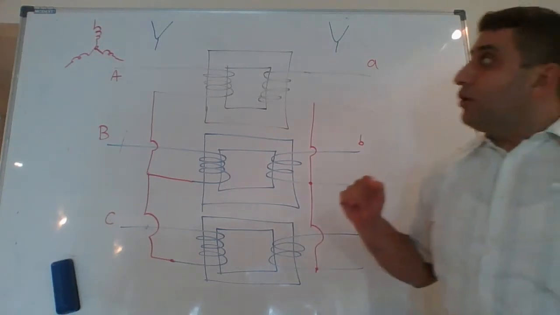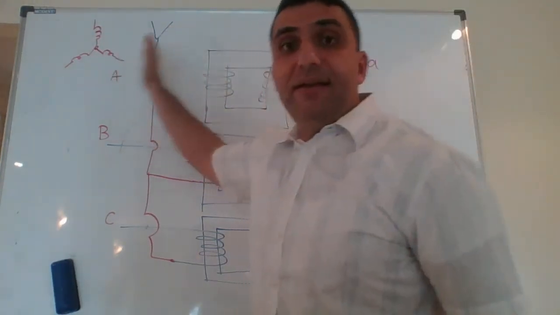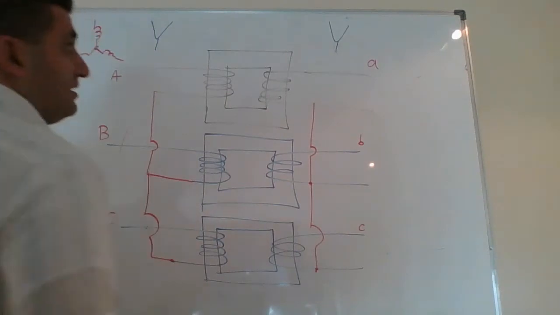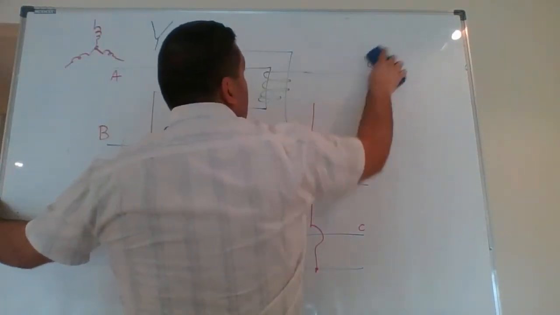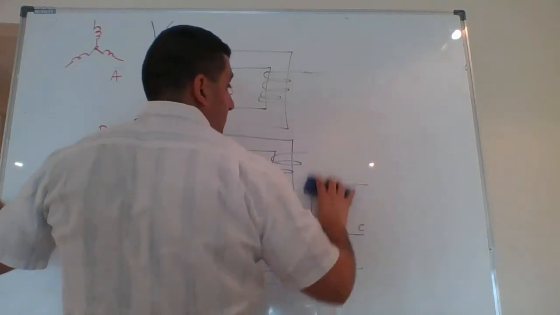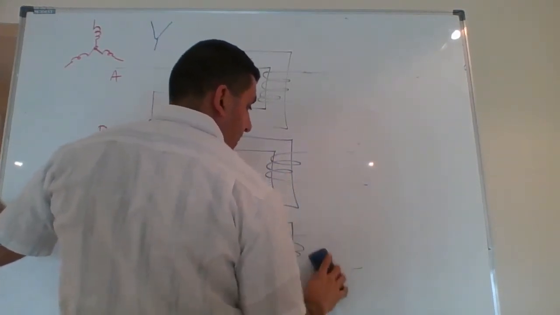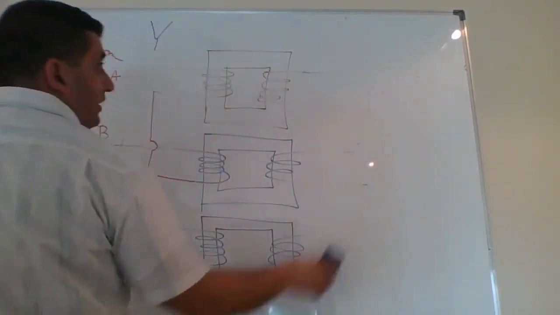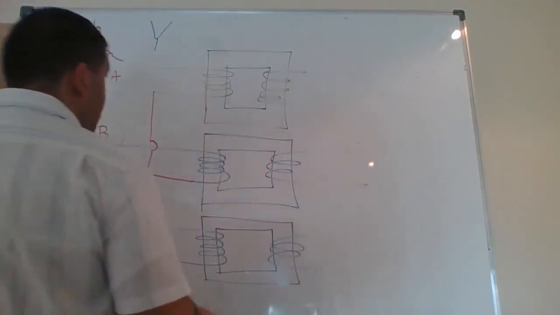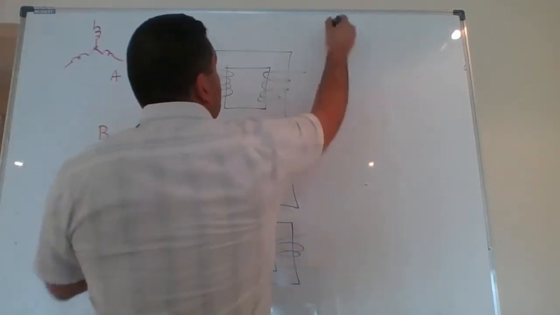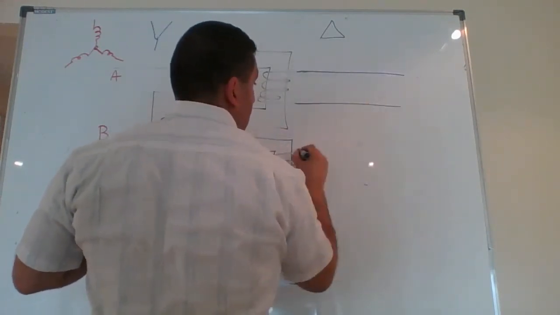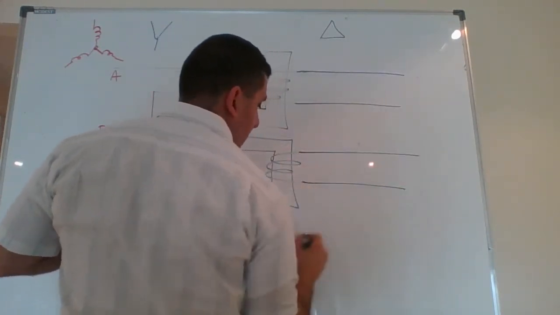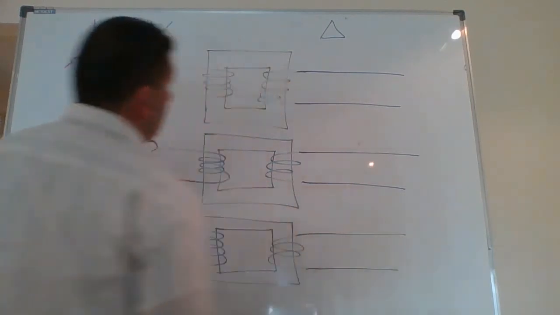Now, I want to connect Y delta. This is the first Y. This is my three-phase connected Y delta.